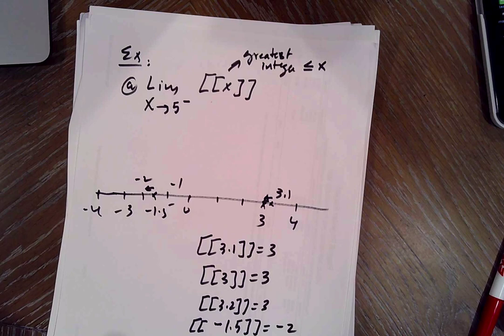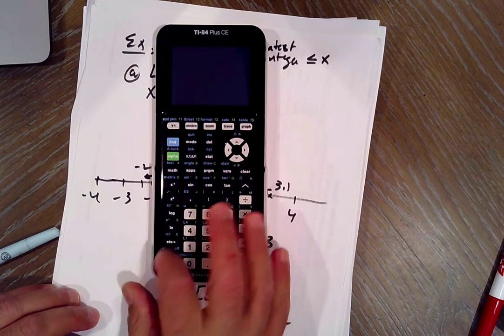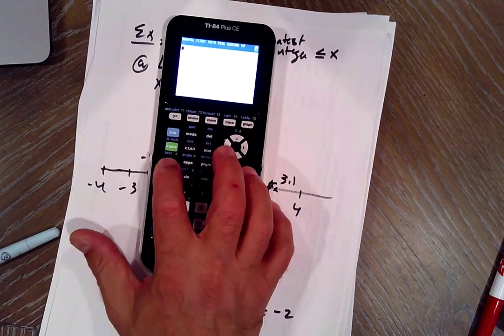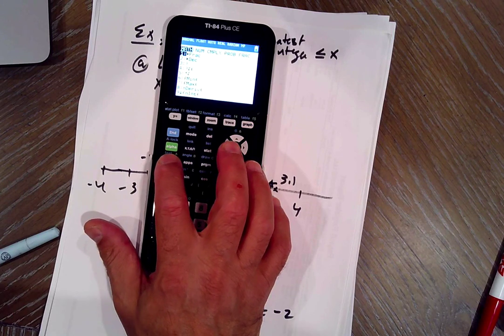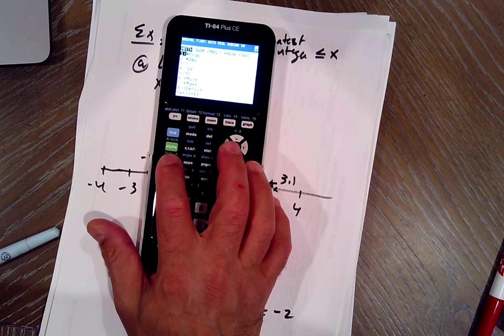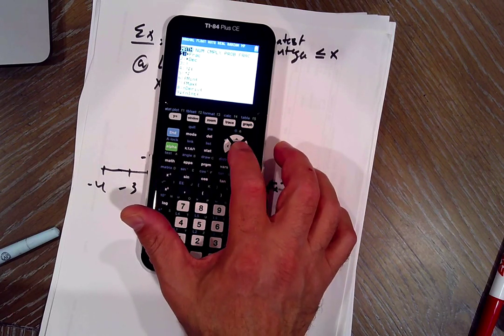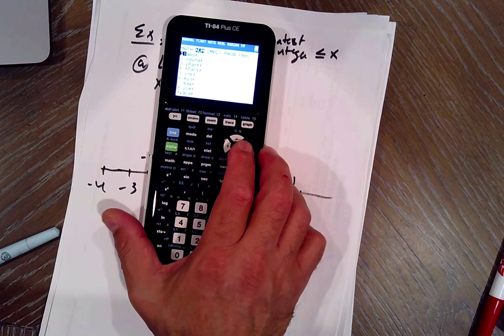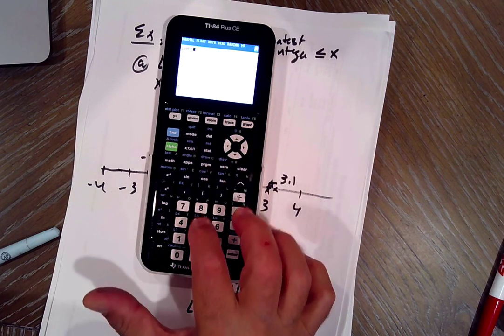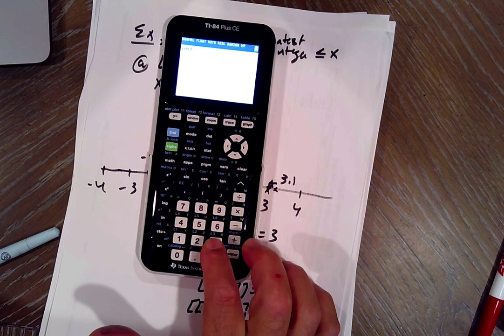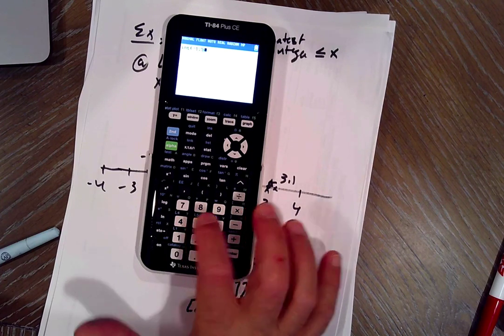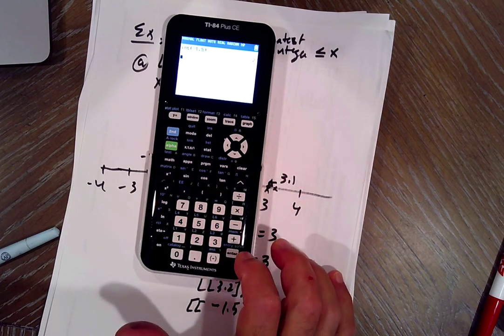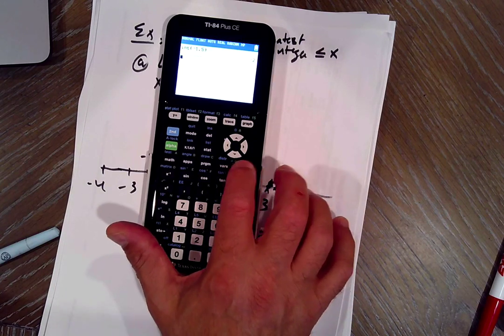Your calculator has this key. I'm sure you're going to like this. You go to math, and it's under numbers, and then it's number 4, int. Say greatest integer of negative 1.5. It's negative 2.